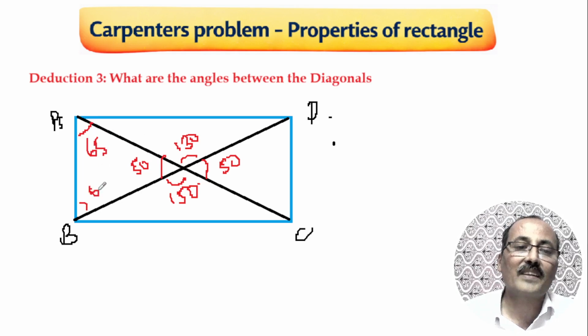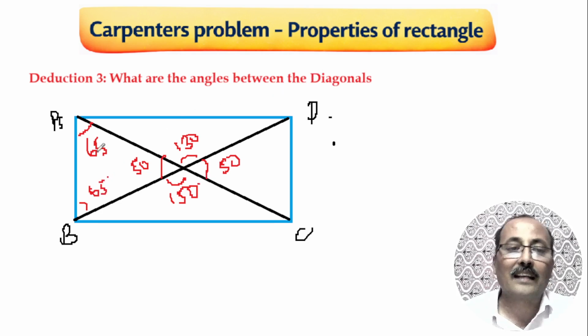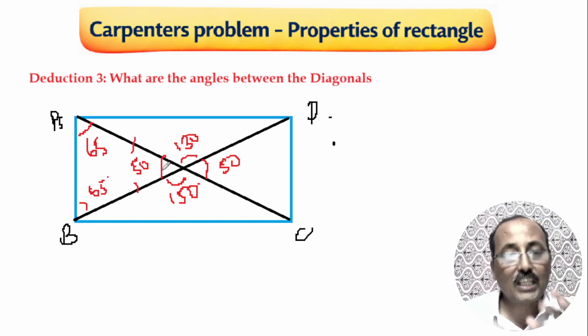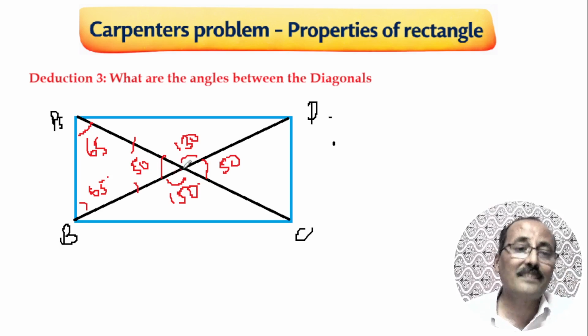This will be 65 degree. Those are the angles between the diagonals. I am finding this one also by assuming that these two are equal. But actually we have proved that it is a rectangle, hence the diagonals bisect each other.